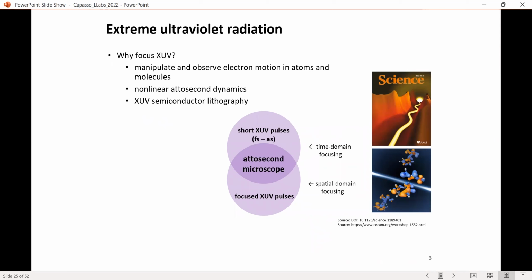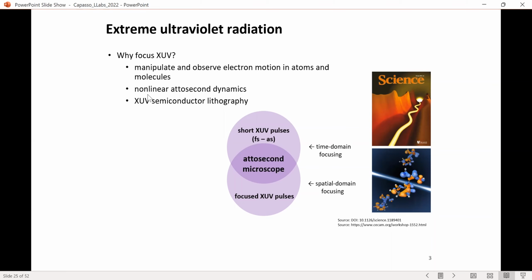And the science is that there is a lot of physics which uses XUV, high harmonic generation, essentially to achieve attosecond pulses to observe the motion of the electrons in atoms, molecules, and so forth.